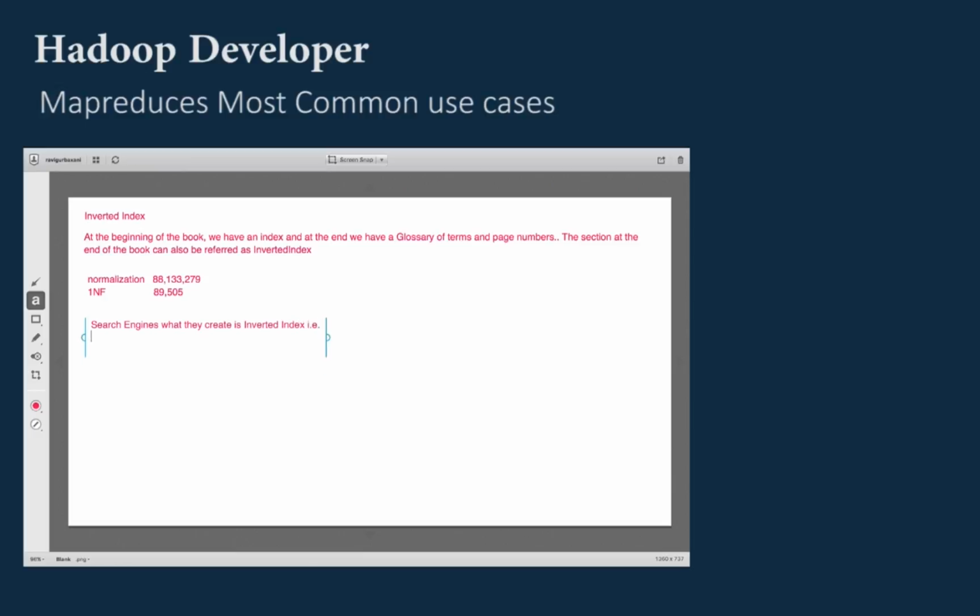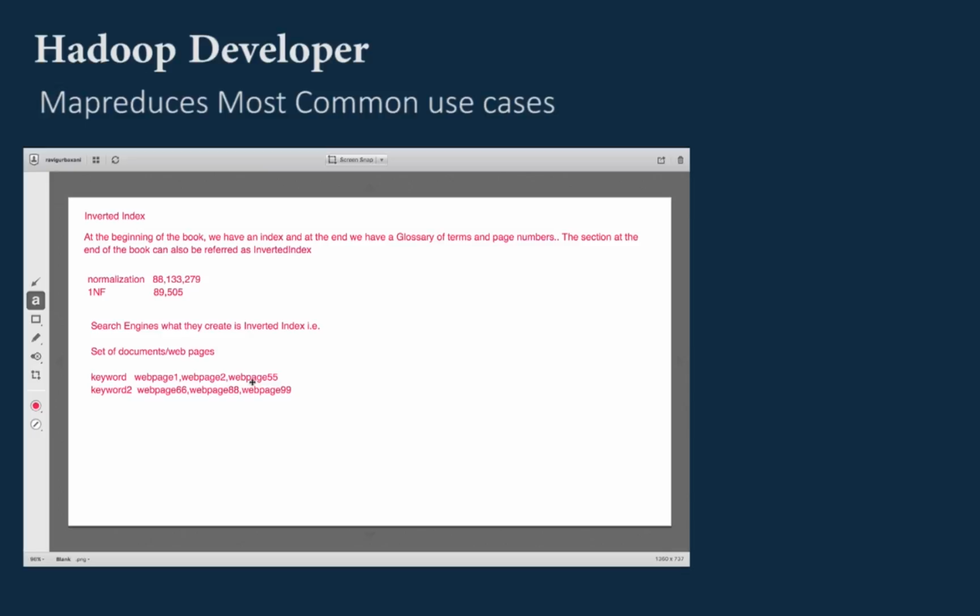That is, you have a set of documents or web pages, and we have a keyword or a search term, and we record on which web pages a particular keyword exists. And that is how search engines create something called an inverted index.